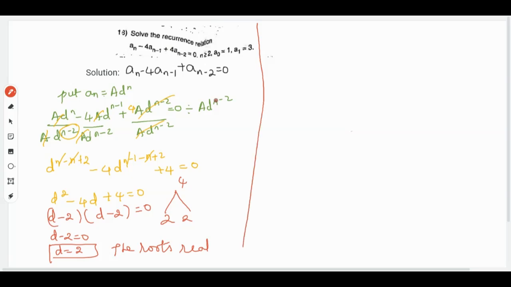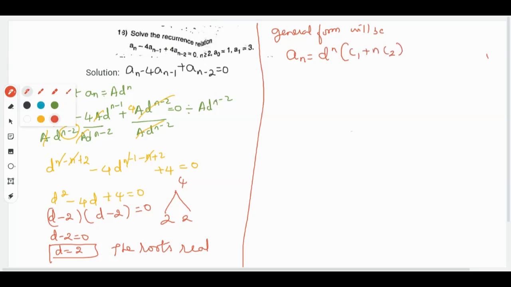Now if the roots are real, the general formula will be a_n equals d power n into c1 plus n c2. So a_n we will keep as it is, d value we substitute 2, so 2 to the power of n, c1 plus n c2.